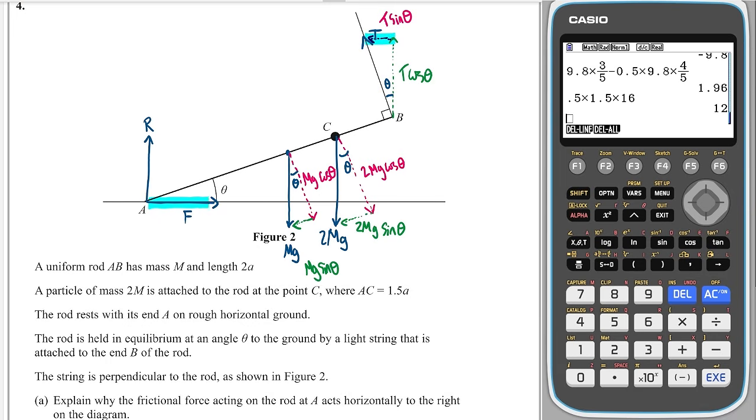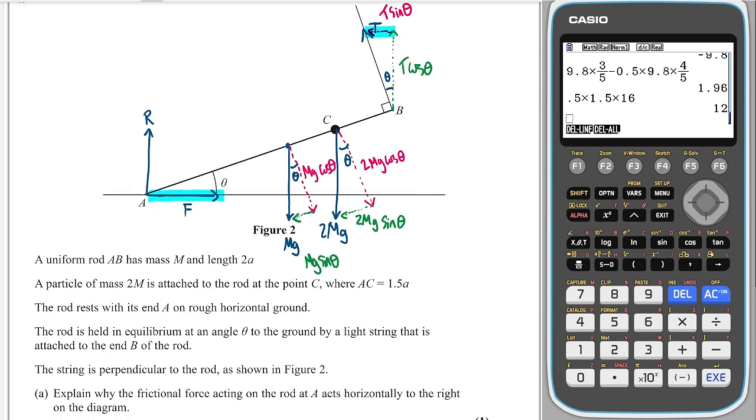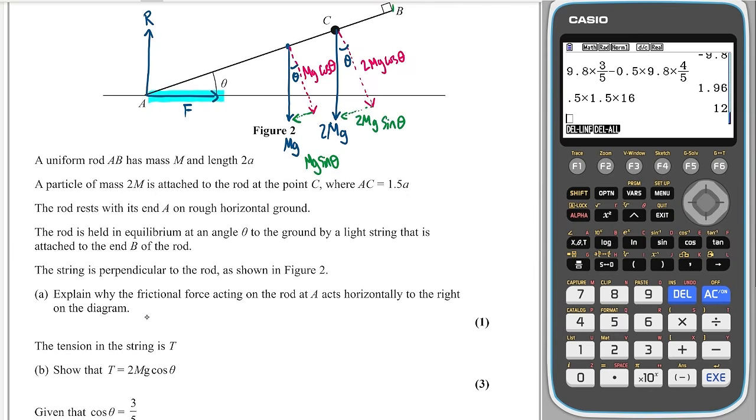So therefore, friction must act to the right to balance it. Okay, so the reason why is to balance T sine theta acting to the left.